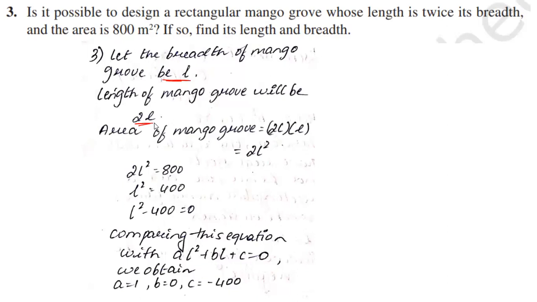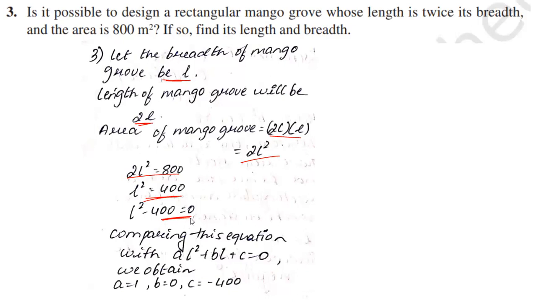So the area will be length into breadth. So area we know, L we know. Now we can find L as L square is equal to 400. So L square minus 400 is equal to 0. So what do we require?